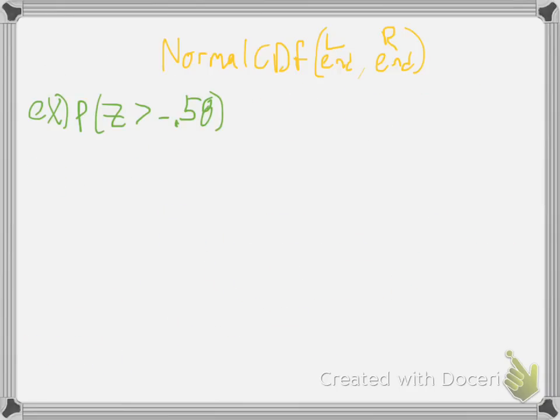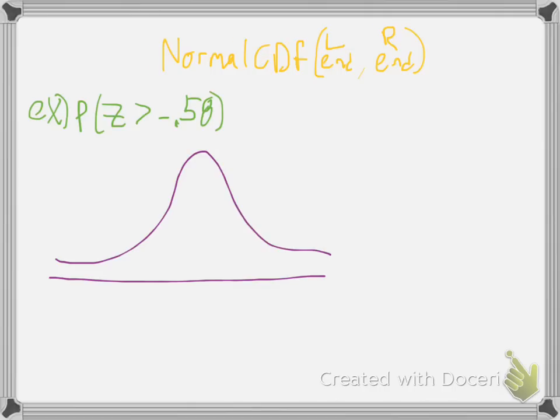For this example, we want to find the probability that z is greater than negative 0.58. The normal CDF command is accessed by second vars, but to do this problem it's really helpful to draw a picture. Draw the bell curve and put 0 in the middle.